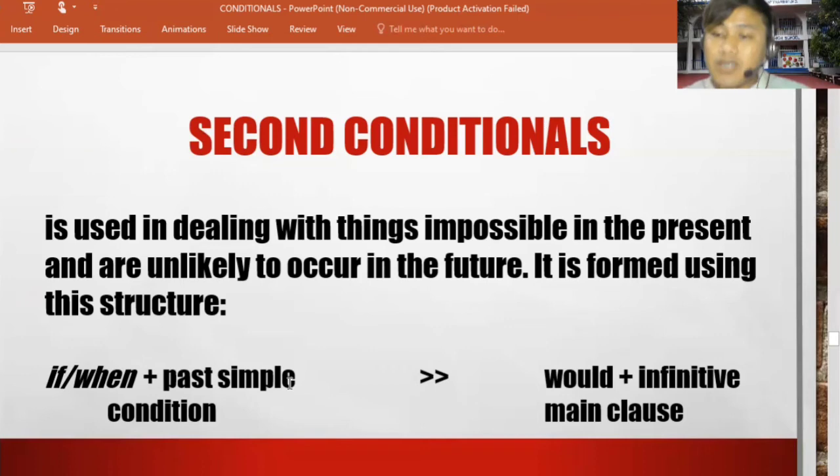It depends on the situation. So if we are stating a condition in the past, the modal that we are going to use in our main clause will be would, plus our infinitive or our verb.